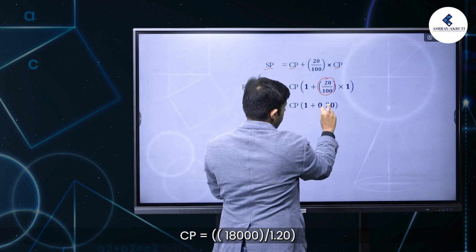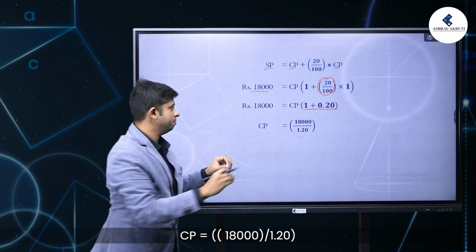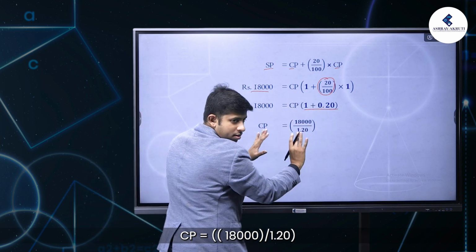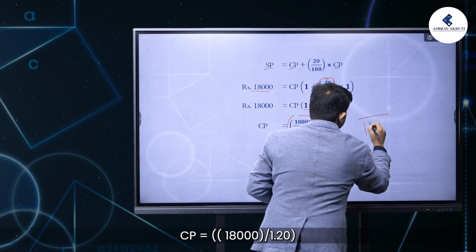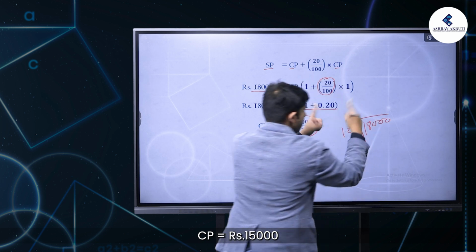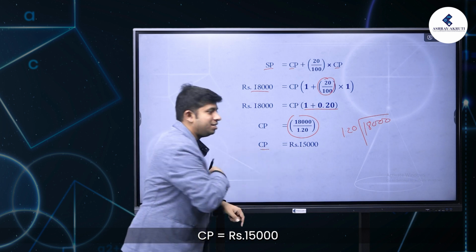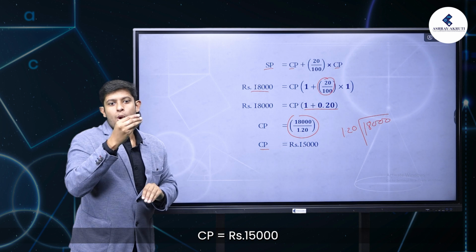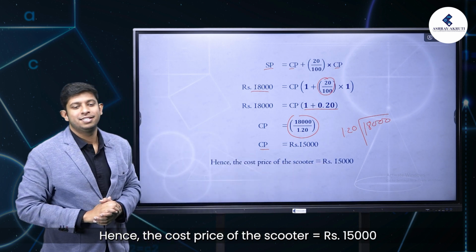CP equals 18,000 by 1.20. CP equals Rs 15,000. Hence, the cost price of the scooter is equal to Rs 15,000.